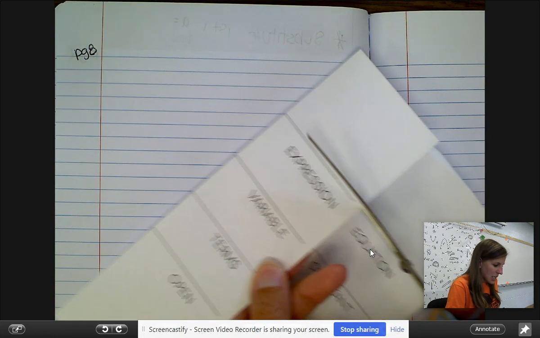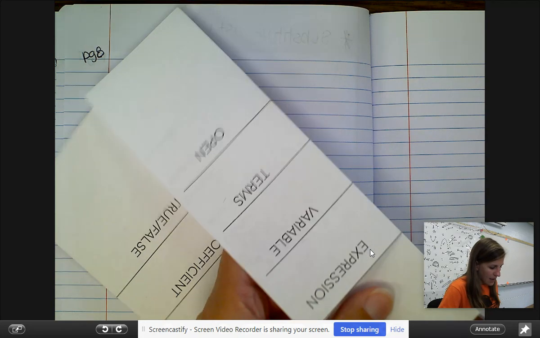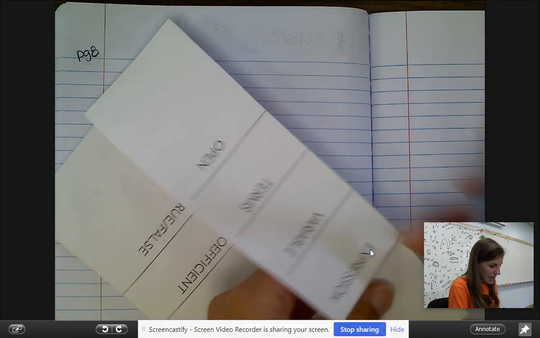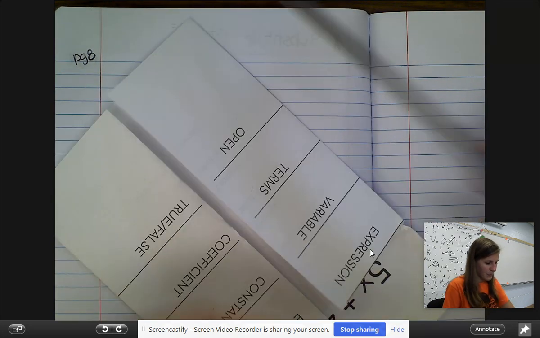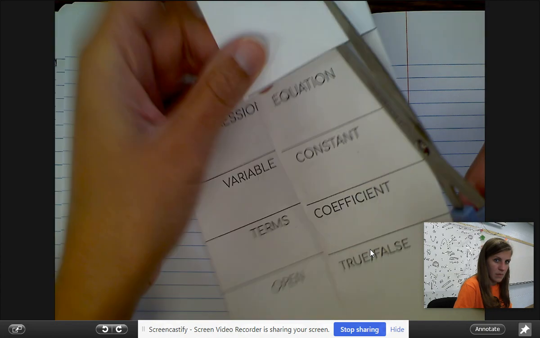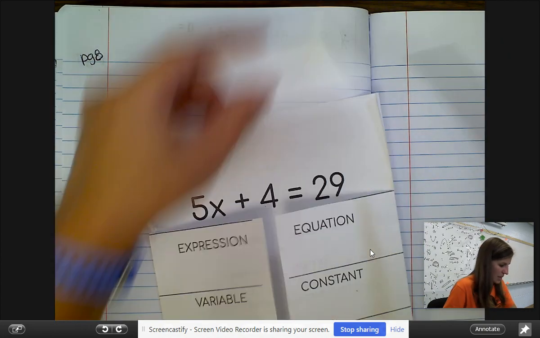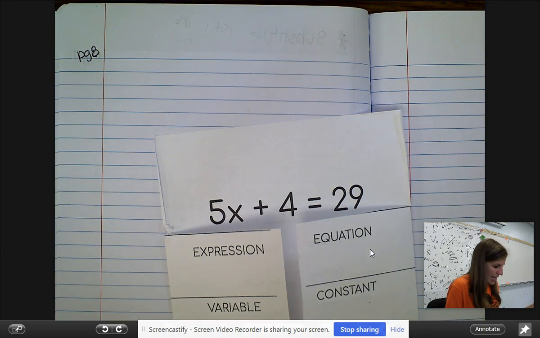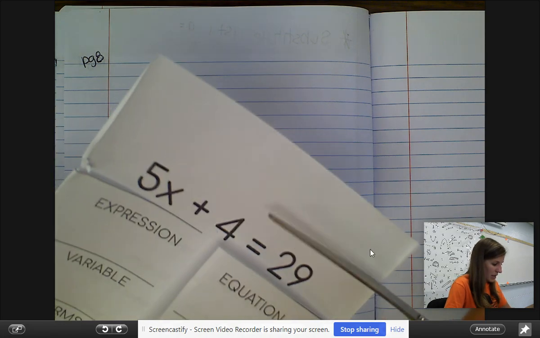I'm going to cut out the top square here so that I can see that equation that's at the top. Oops, I ripped a little. Like so. And if you want to chop a little of the top off, like that just kind of looks ridiculous, I'm going to cut that off a little.